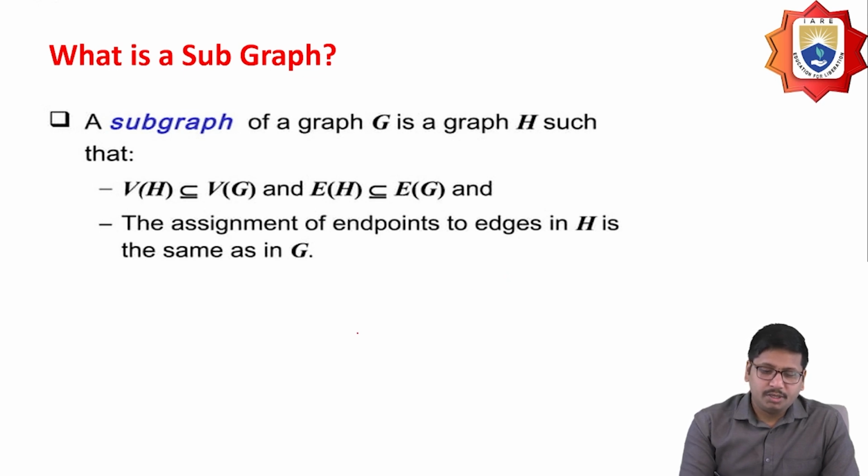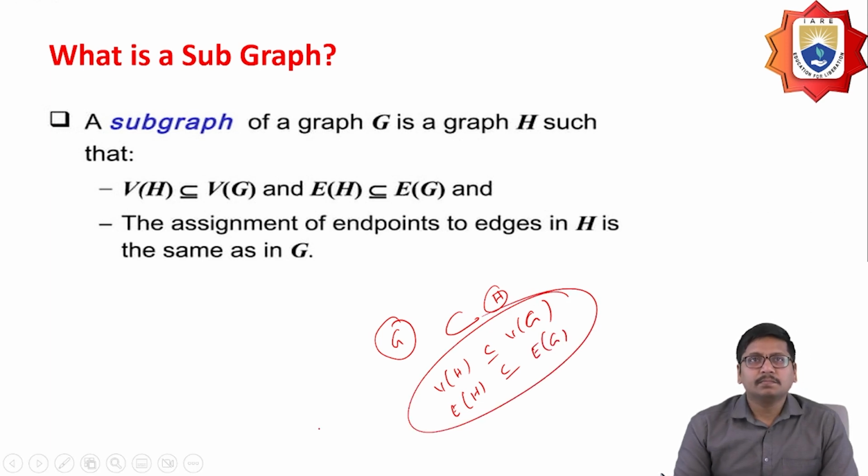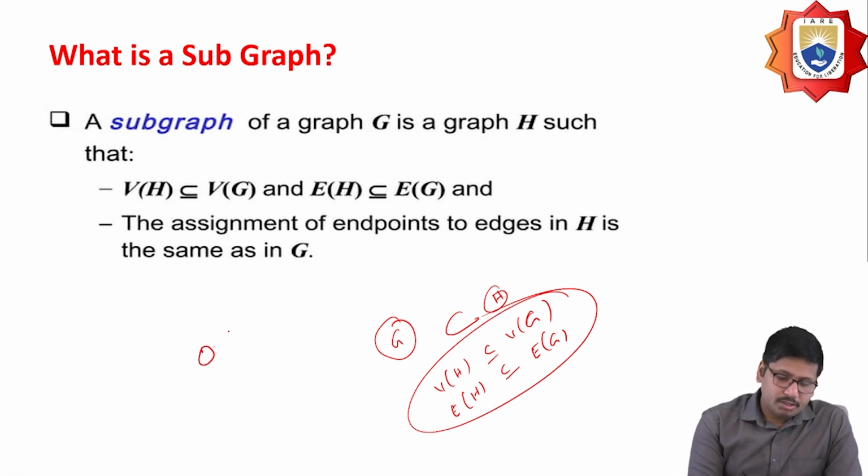That means if H is a subgraph of G, the vertex set of H should be a subset of the vertex set of the main graph G, and the edge set of H is also going to be a subset of the edge set of G. So a subgraph is some part of the graph that we extracted from it.